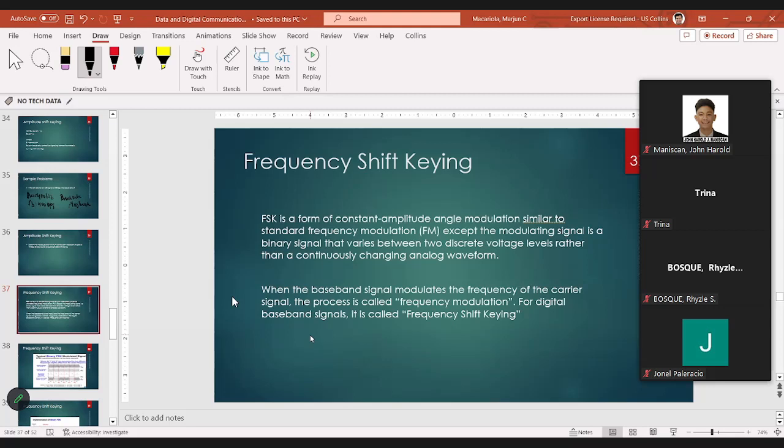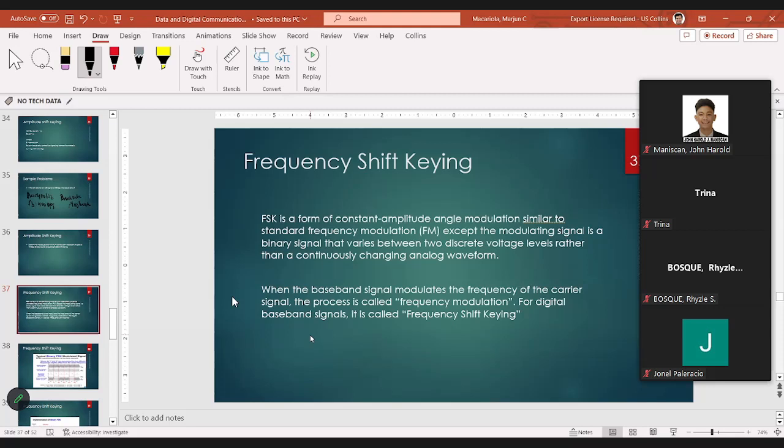Okay? So actually, during our principle of communications, so that is ECE 1, in our case, sa mga electronics engineering student, we have principle of communication first before taking the digital communications. Okay? Sa case nyo kasi, nag-digital agad. Wala kayong analog. Okay? So yung frequency shift keying ay katulad din halos ng frequency modulation.